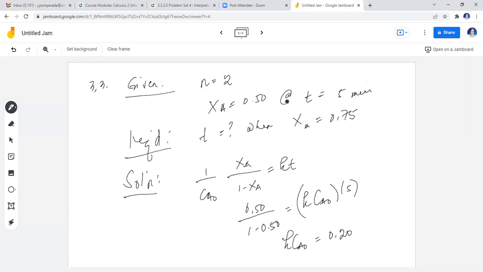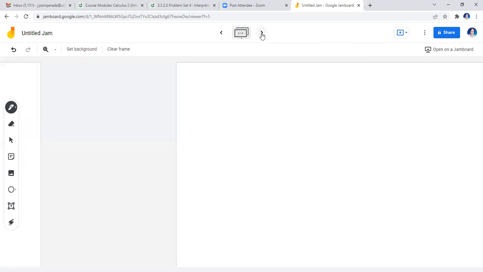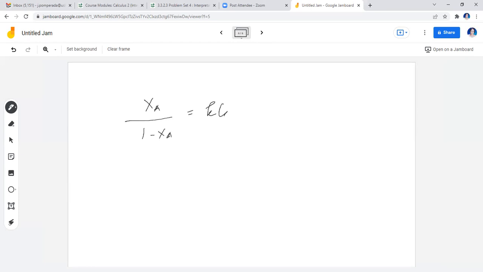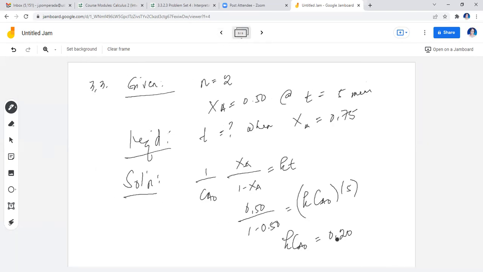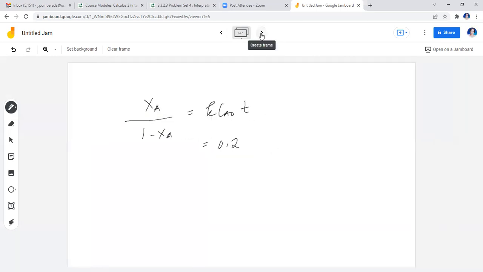So you go back to this expression: XA over 1 minus XA is equal to K CAO T. Then you substitute the K CAO value that we got here, which is 0.2. For the time, that's the unknown, and you have here 0.75 divided by 1 minus 0.75.